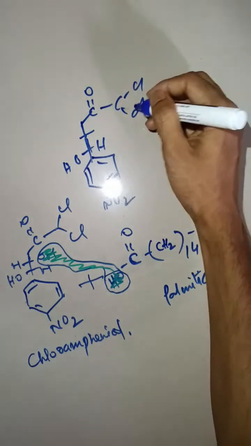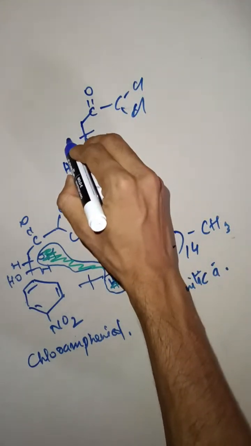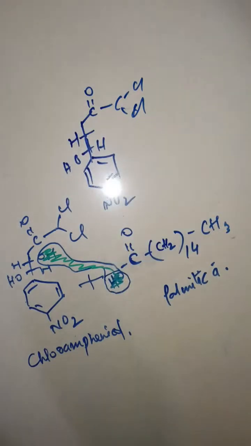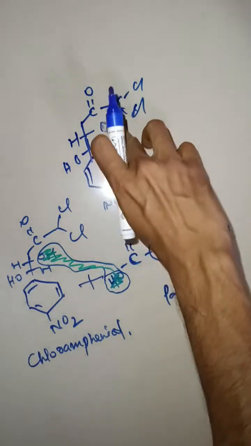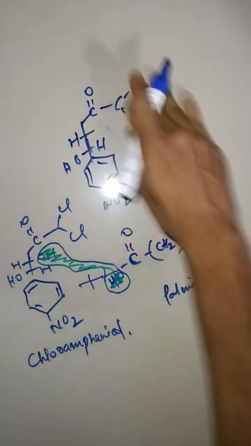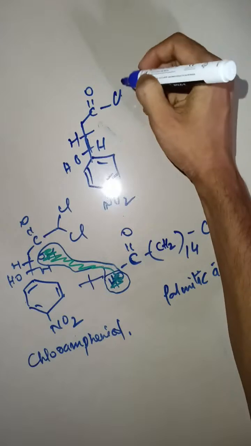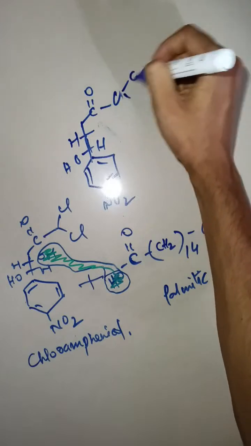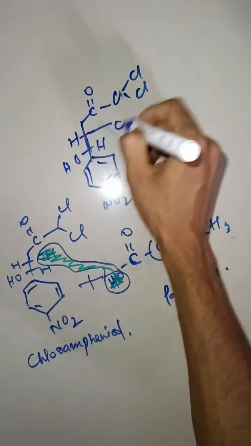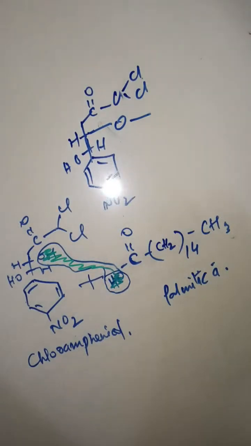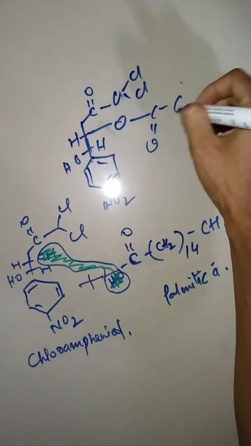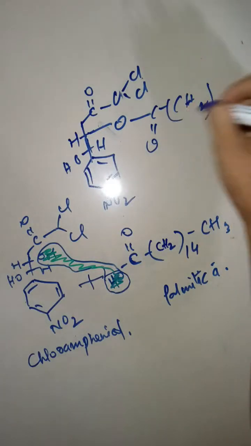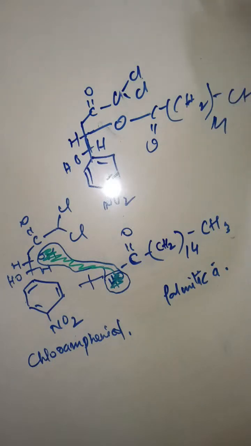Next, here hydrogen will be there, and this bond will be connected with oxygen. Carbon connected with chlorine, chlorine. This will be connected as an ester bond, and this ester bond will be connecting the palmitic acid: C double bond O single bond CH2 14 CH3.